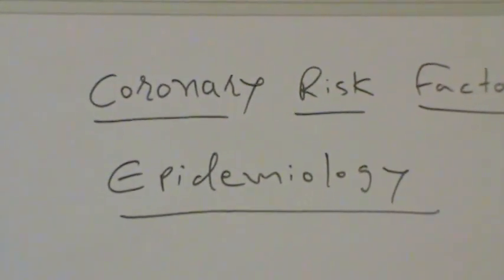What is causing it? Is there a way we can prevent the disease, or is there a way we can better control and manage the disease, and if so, why? All these things boil down to what is called epidemiology.